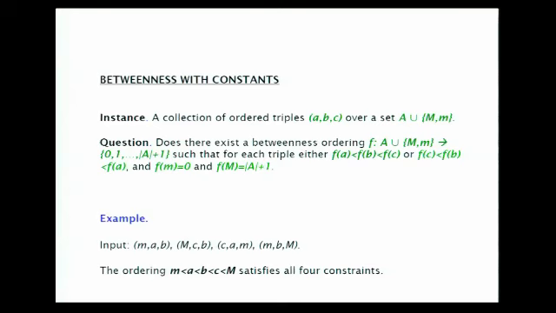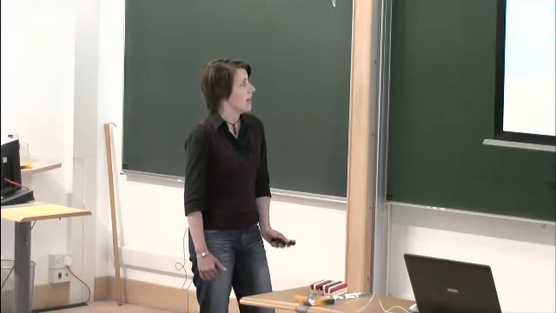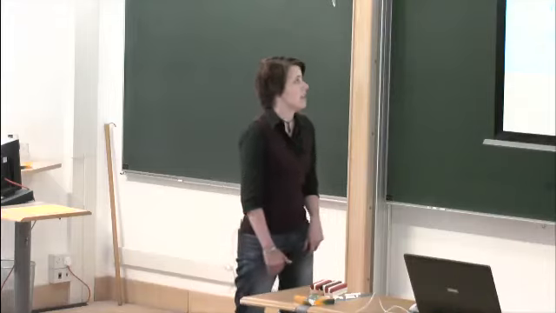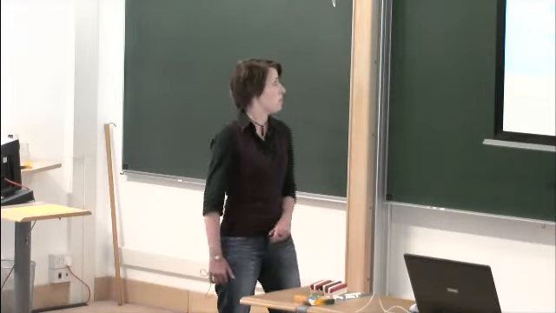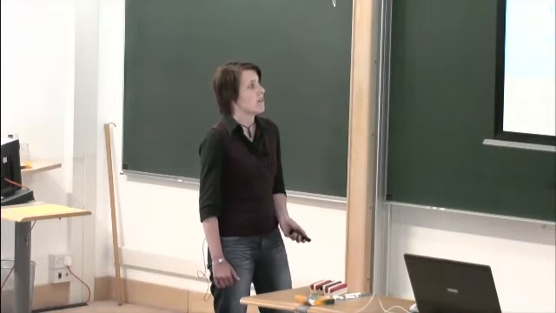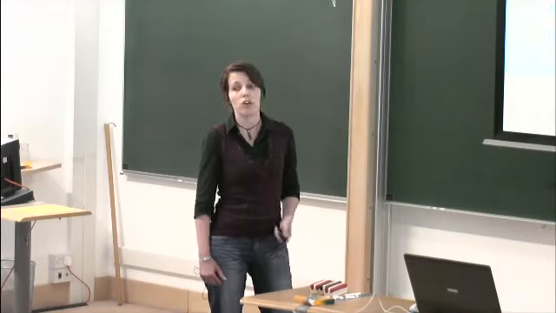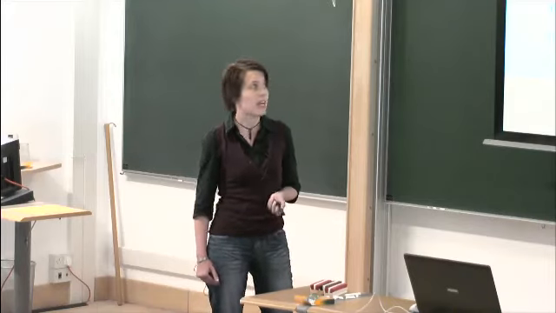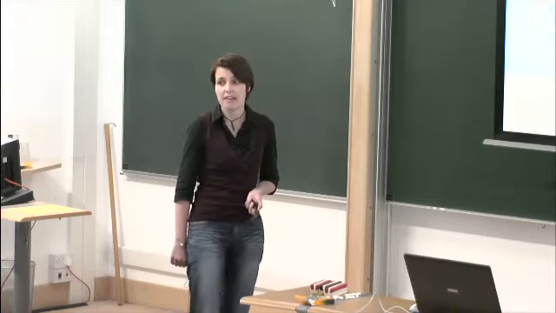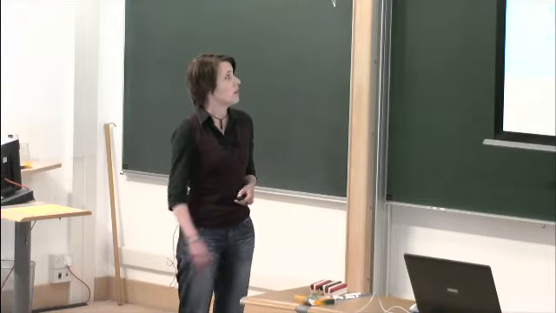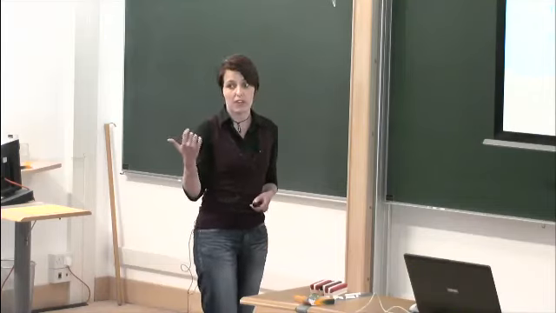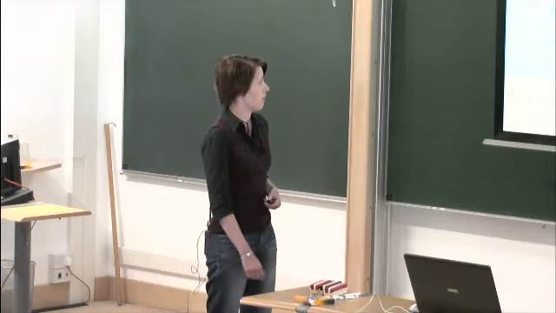And additionally, f(lowercase m) is equal to 0, and f(uppercase M) is equal to the cardinality of A plus 1. So this means that the lowercase m is always the first element in your ordering, and the uppercase M is always the last. So now you cannot simply reverse that ordering to get a second ordering.